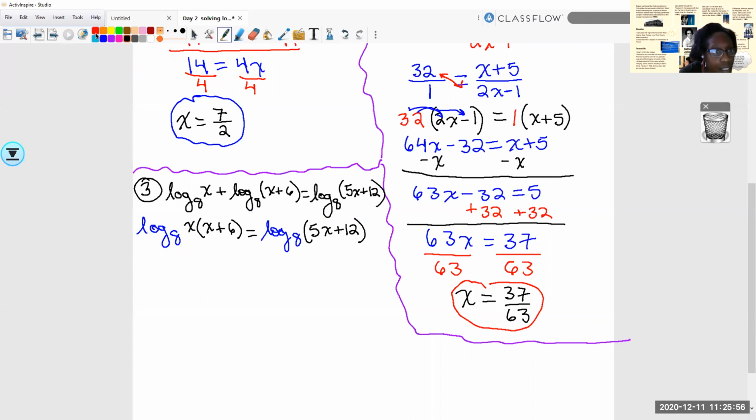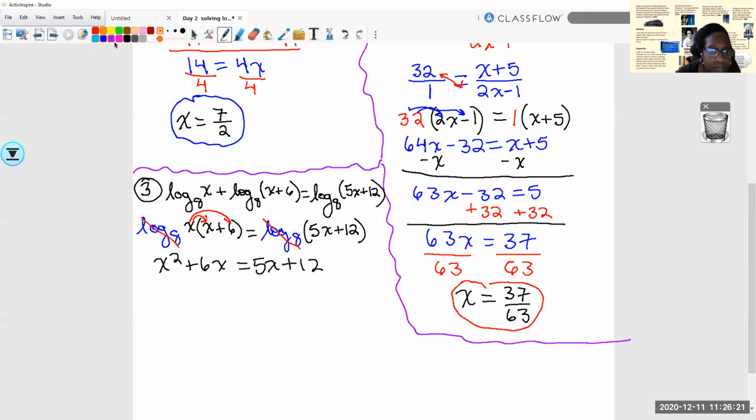Okay, again, this is that particular problem where you have log base 8 on both sides of the equation. If that exists, we can go ahead and cancel these out. Well, I'm going to apply the distributive property. So that's going to give us x squared plus 6x equals 5x plus 12.